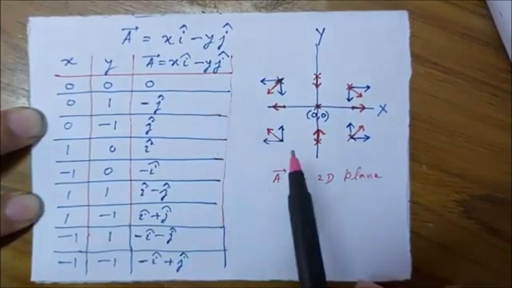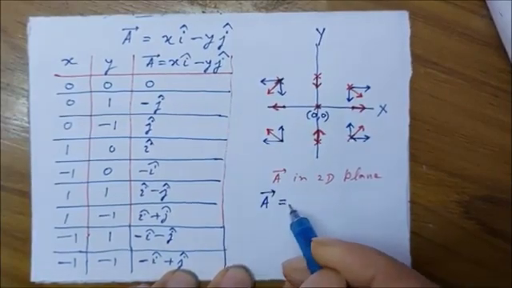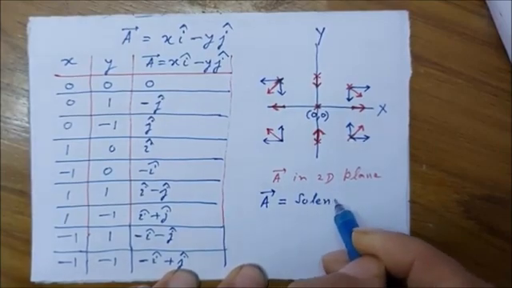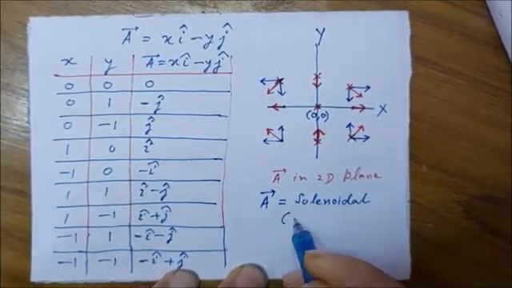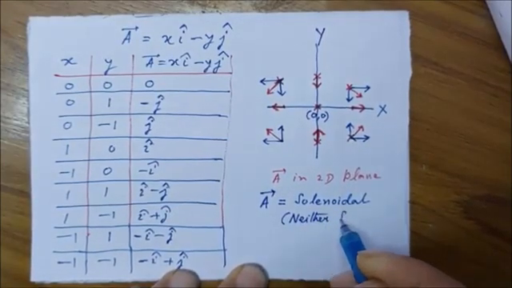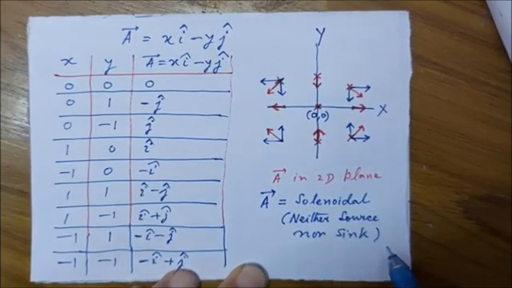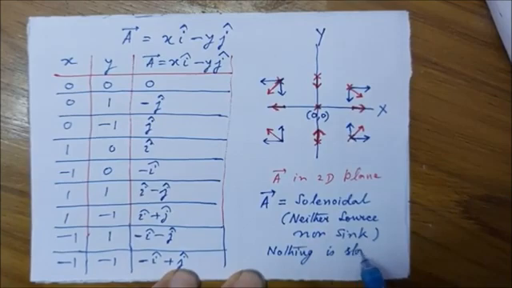So let us write these things. Vector A is called solenoidal. It is neither source nor sink. Nothing is stored.